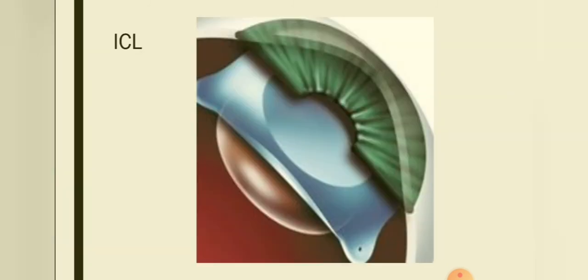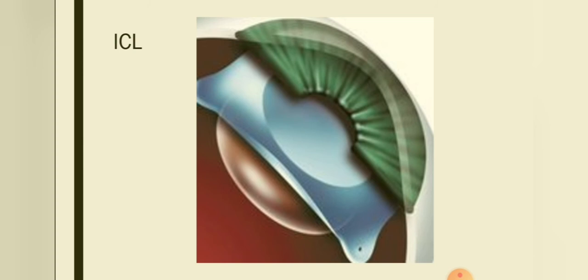Okay. So now let's move to ICL, that is known as intraocular contact lens. Now it is very popular as implantable collamer lens implantation. It is a toric lens which is placed just anterior to the natural crystalline lens to correct the refractive error.